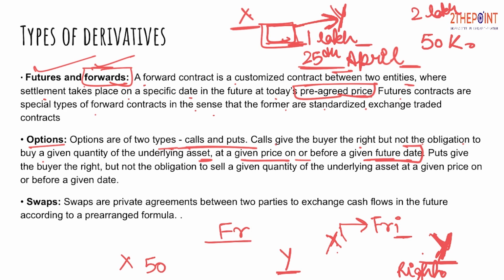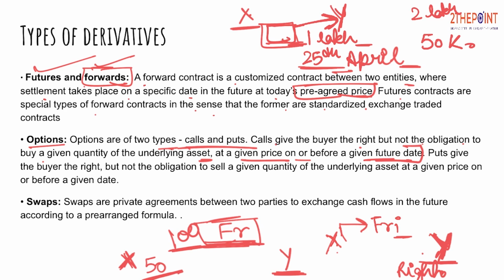Now let's suppose the movie is a hit, and the price of this 50 rupees ticket has gone up to 100. So X will not get the price of 100, because Y already has the right to buy the ticket at rupees 50 if the movie is a hit.